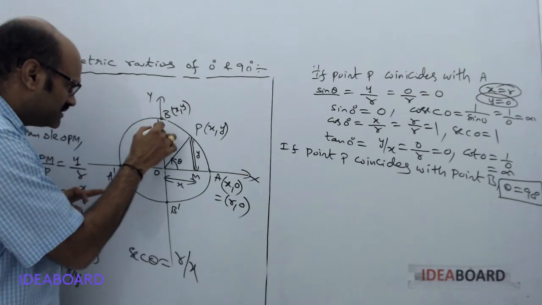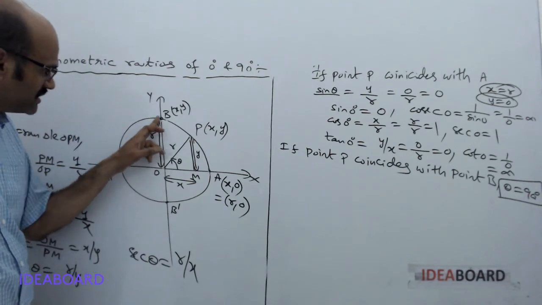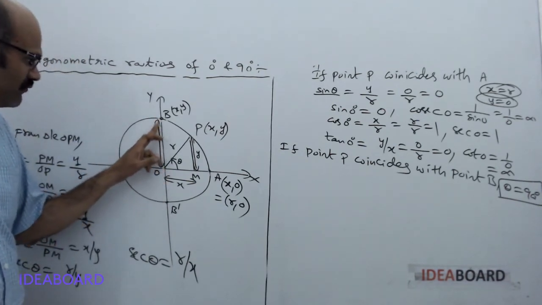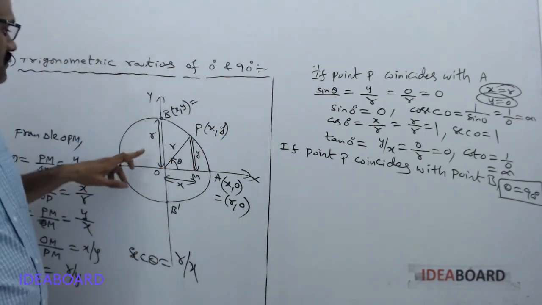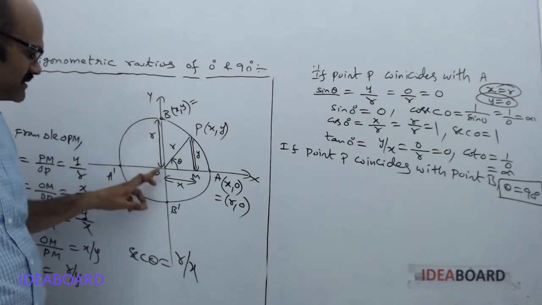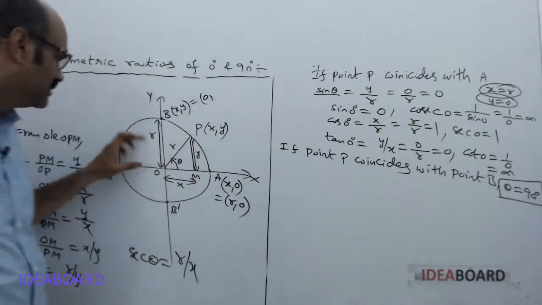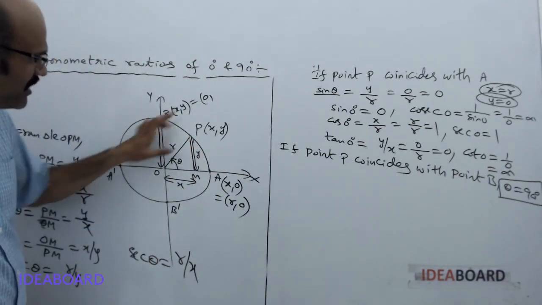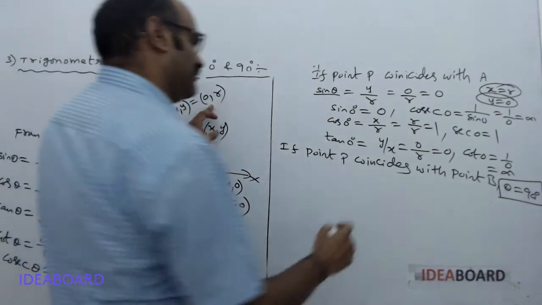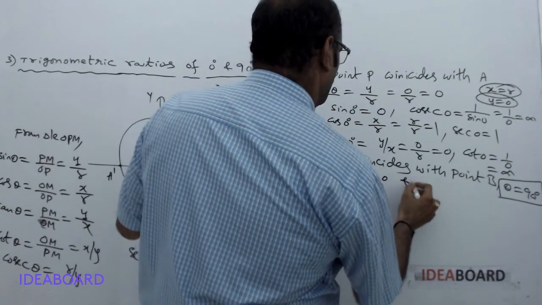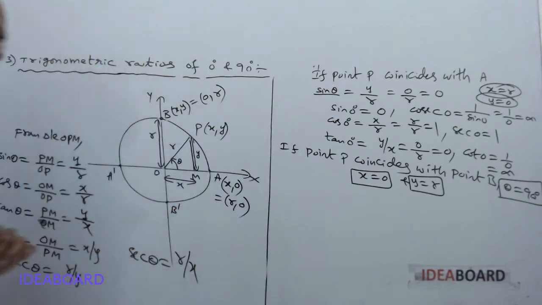We know this length equals the radius, which is r. This is the y coordinate, so y equals r here. We know that on the y-axis the x coordinate is always equal to 0. So the point is 0 comma r. Now we have x equal to 0 and y equal to r.